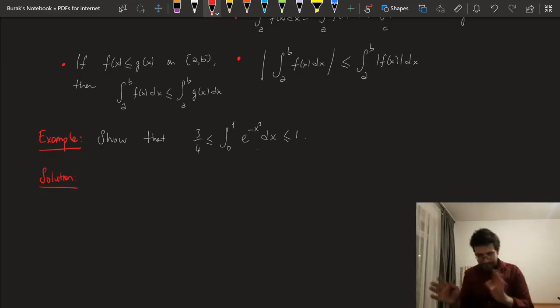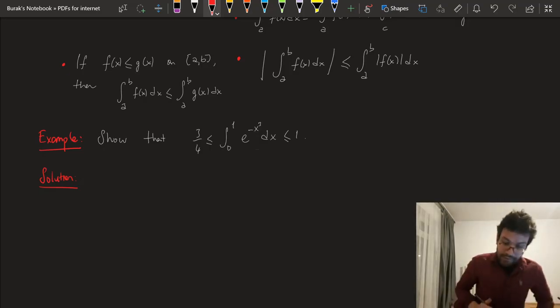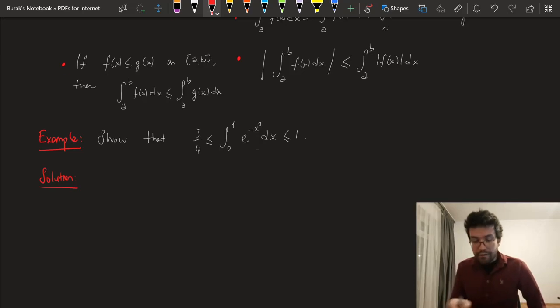I mean, I think you can express an antiderivative of this function in terms of some special function, so it can be done I guess with the usual method which employs the fundamental theorem of calculus, but let's just say you won't be able to do it. So how are we going to show that this integral is between these numbers?